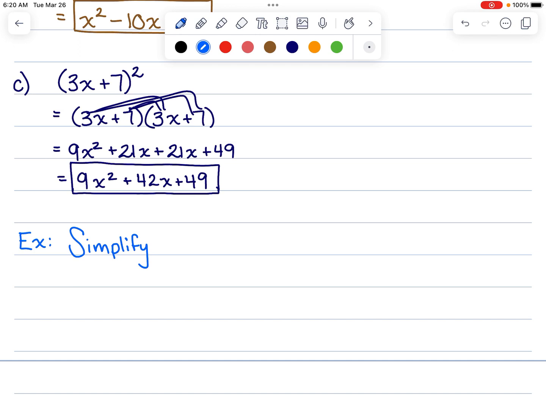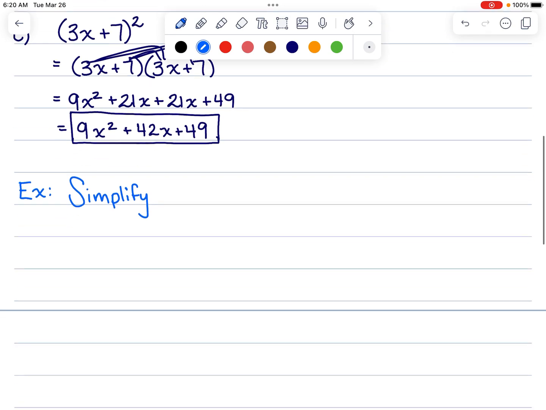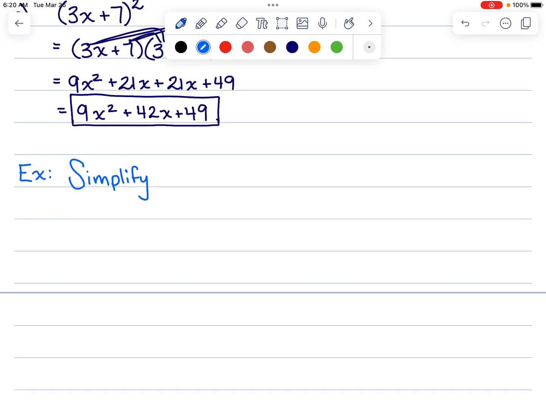Now the first few examples are going to be very, very simple. So I'm just going to write them across here because the first few examples are a special type of example, and they're the easiest of the problems to do.